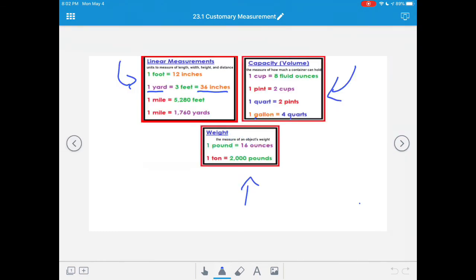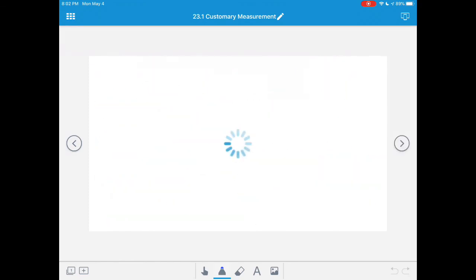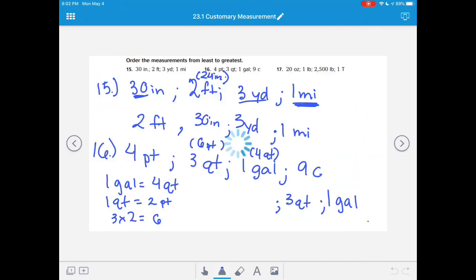So I see that 1 pint is 2 cups. One pint equals 2 cups. So going from something big to something smaller, we're going to use multiplication.